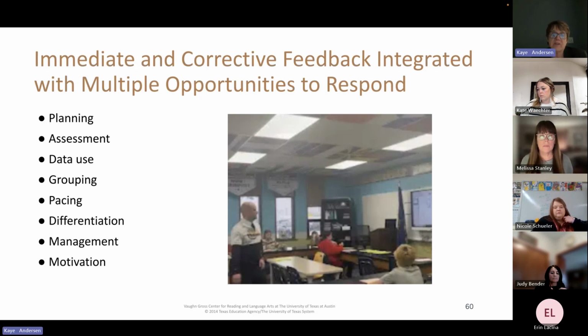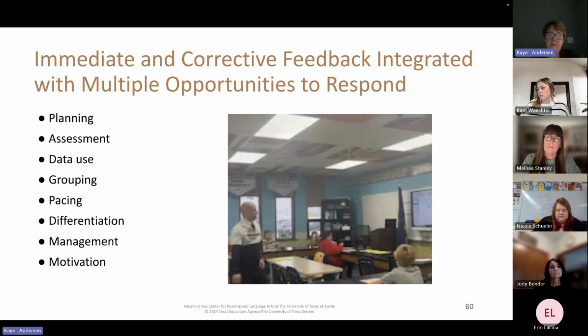How can we think about the different grouping formats that we have kids in when we're giving feedback? Our groups, our pacing, all of those things will help us decide what that differentiation looks like. And are we hitting the kids at all levels? Management, we're looking at classroom management, we're looking at time management, we're looking at management of tasks, management of our own time so that we're not spending a lot of time correcting this extra practice that we're involving kids in.